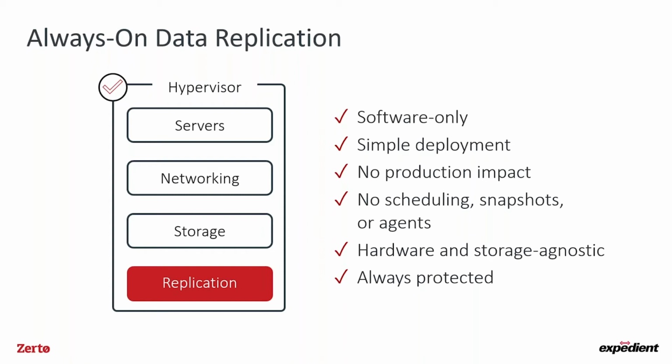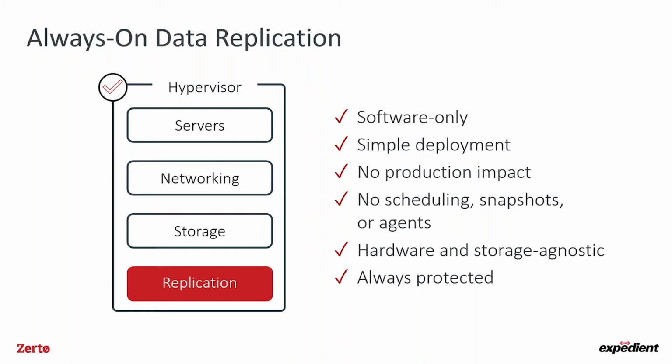VMware got to where it is right now by starting server virtualization. And as we moved forward, more and more key components of the virtual data center got into that hypervisor: networking, storage, and with the introduction of Zerto back in 2010, also replication, completely software-only, no snapshots. We use continuous block-level replication. That means you don't need to schedule anything. It's always on. It's completely agnostic to whatever storage or hardware you use.